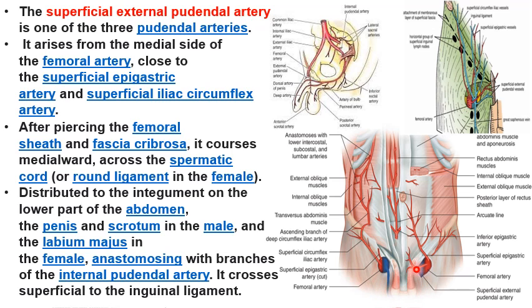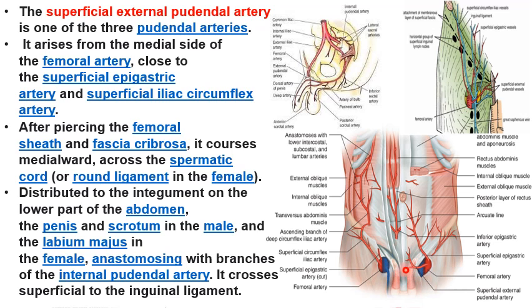So this superficial external pudendal artery crosses in front of the spermatic cord in males, or the round ligament in females, and supplies the integument of the lower part of the anterior abdominal wall.